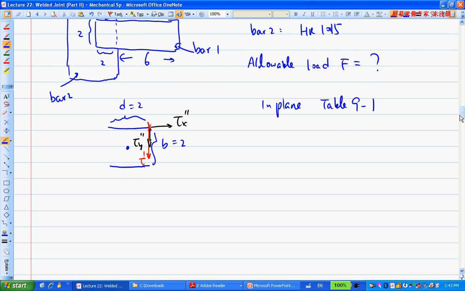So now let's calculate each one of them. Your tau prime is equal to F over A. F we don't know, we keep it F. And A is the total throat area.